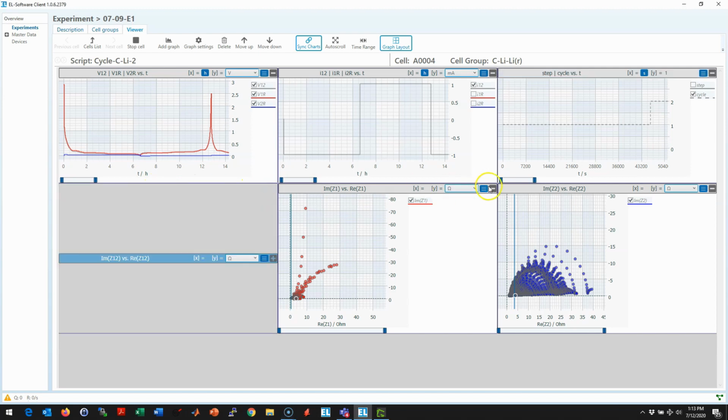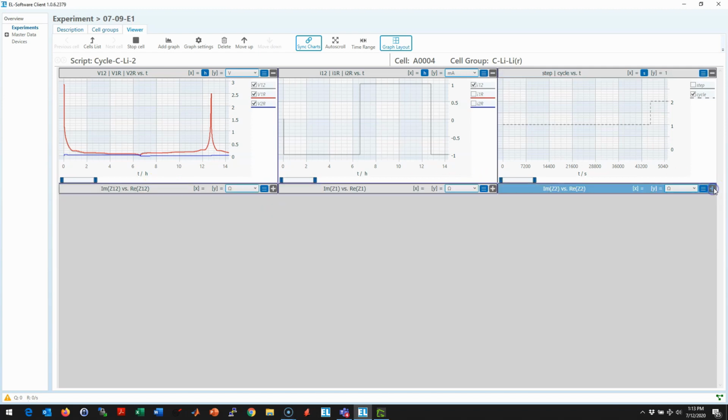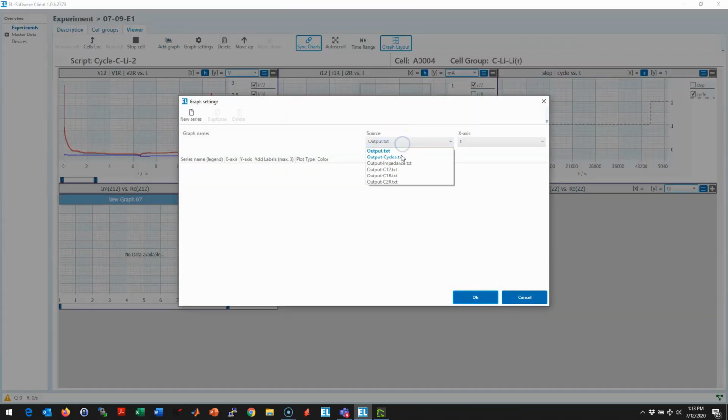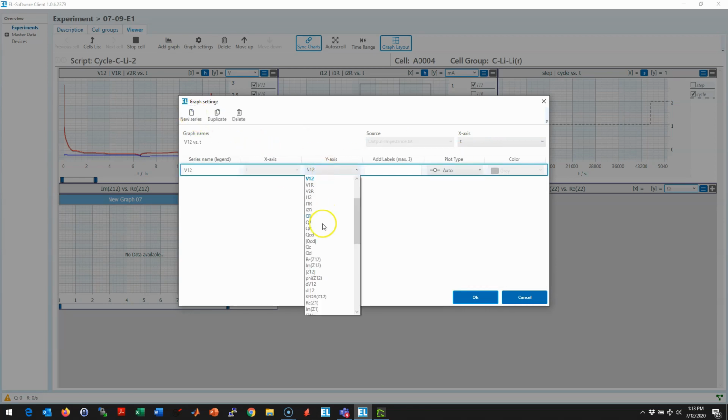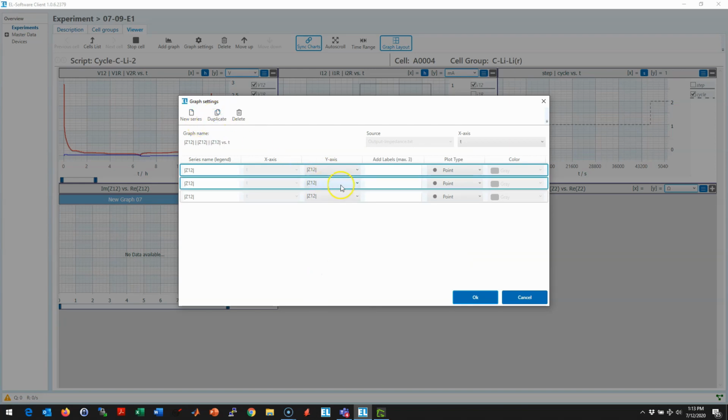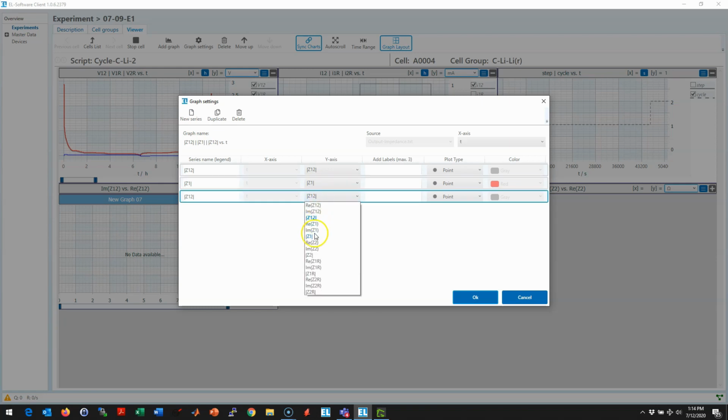I minimize those diagrams and add another graph where I plot from the output impedance table as a function of the time, the magnitude of the full cell impedance, and the same for the two half cells, for Z1 and Z2.